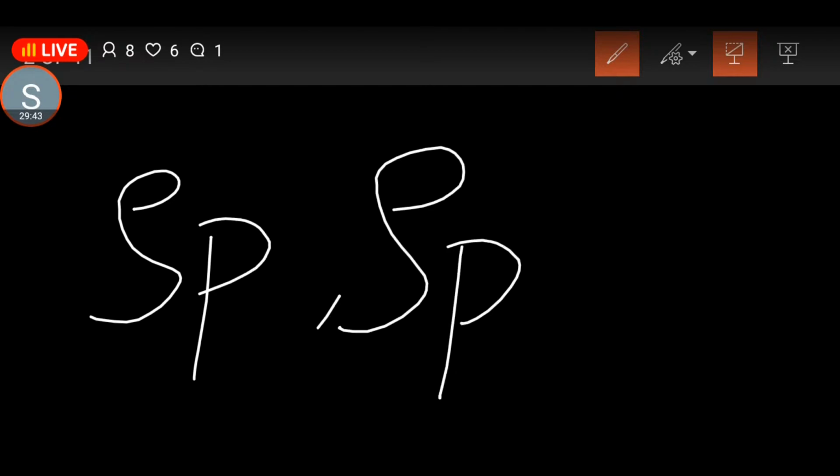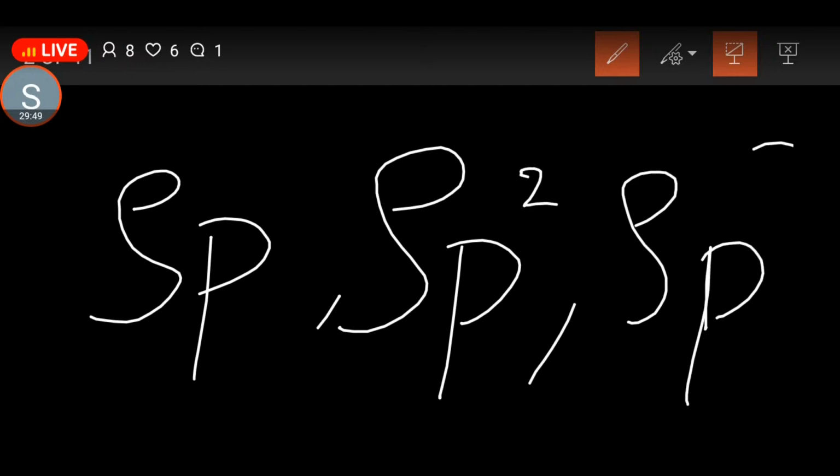The first type is sp, sp square, sp cube. These are the three types of hybridization of carbon element. Now I will tell you a small trick in order to remember all this, right?